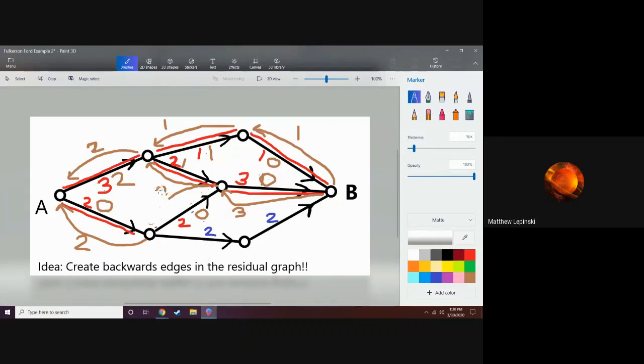Conceptually, what's happening here when I backtrack is I want to use these bottom edges. And in order to use these bottom edges, I need to get more flow into this node right here. And I can't send more flow directly because this is already at capacity.